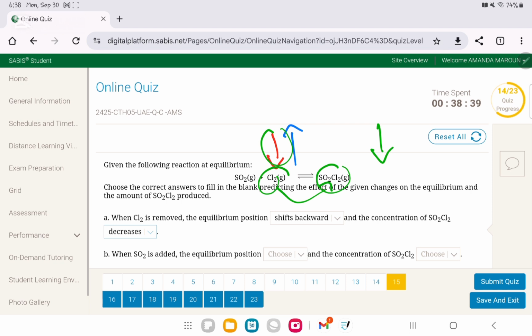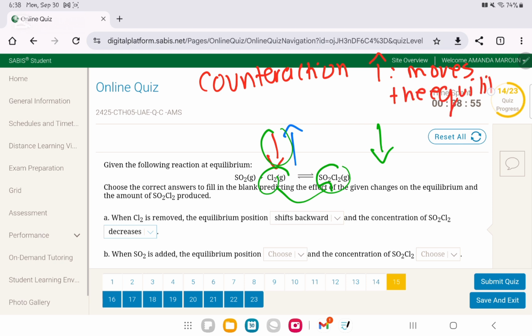Now, let's take it like this. If the counteraction increases, that means it moves the equilibrium position backward.